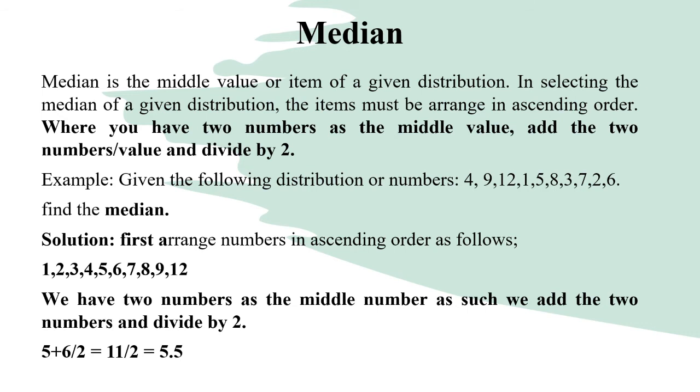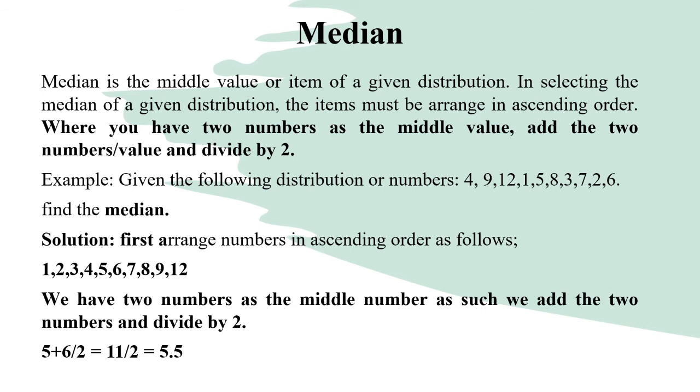So first of all, arrange the distribution in ascending or descending order. Here we arrange our distribution in ascending order, starting from the smallest to the biggest. Then we find out that the number of items in our distribution is 10.